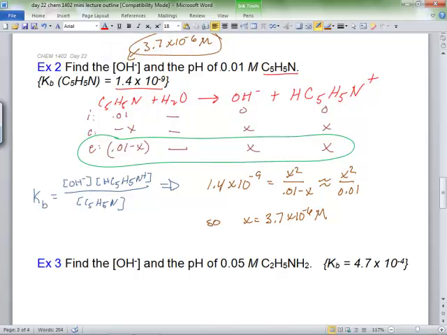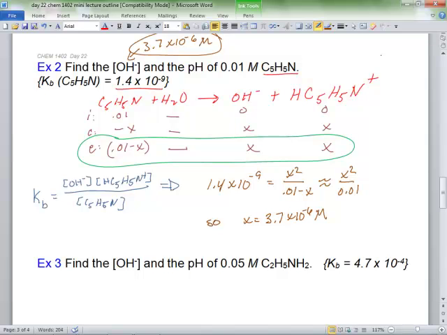But they want to know pH. So I kind of like the pH plus pOH equals 14. I think it's easier, because that number is already in your calculator, right? 3.7 times 10 to the negative 6 is already in your calculator.